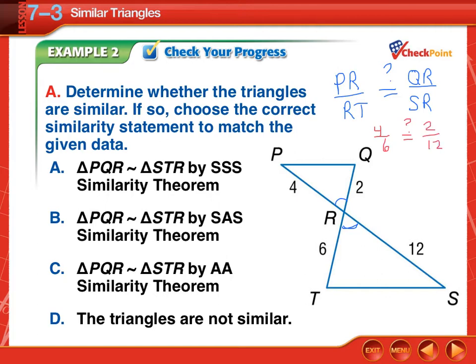And they are not. 4 to 6 can be reduced to 2/3, and that is not equivalent to, what do we have over here, 1/6. So our first attempt would say they're not similar, but we're not done. Without having those anchors, we have to experiment, as I said. So now let's take a look at other surrounding sides here, PR to RS.